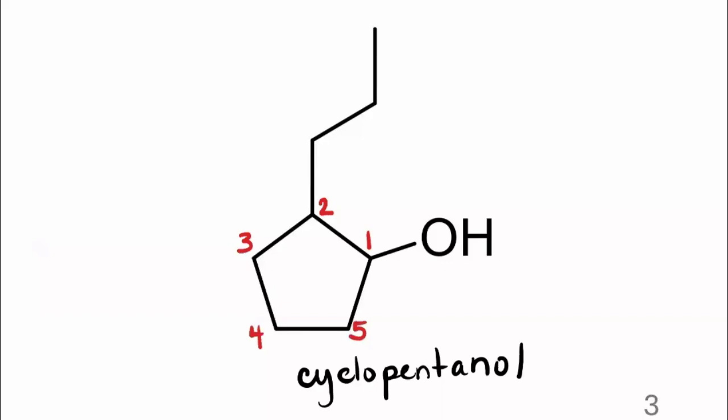In this case it is going to be a propyl group because if you observe, we have 1 carbon, 2 carbons, 3 carbons. If I convert this skeletal structure to condensed, then this is a CH2, this is a CH2, followed by a CH3. So this is a propyl group.